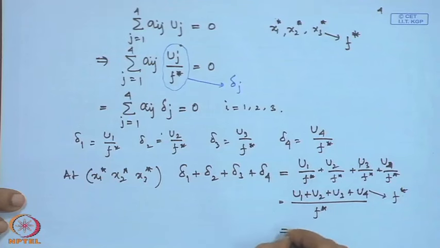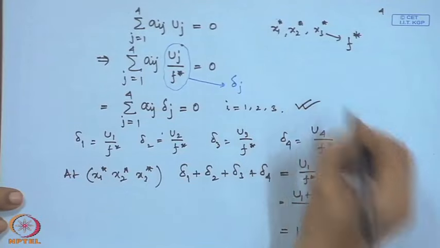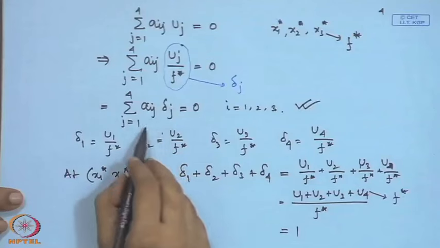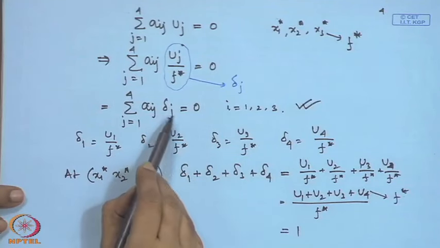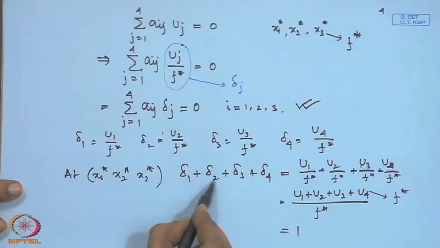Then f star by f star is equal to 1. So this is the first set of equations where the decision variables are delta j's, and there are 4 decision variables, delta 1, delta 2, delta 3, delta 4, and another equation we are getting: delta 1 plus delta 2 plus delta 3 plus delta 4 is equal to 1.